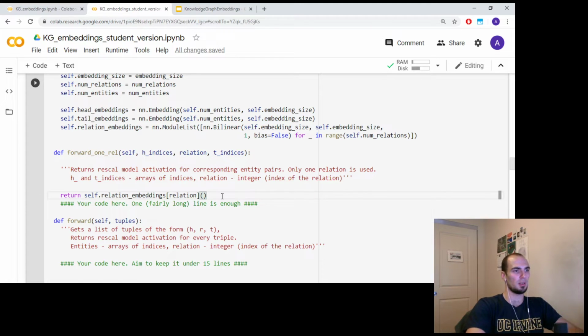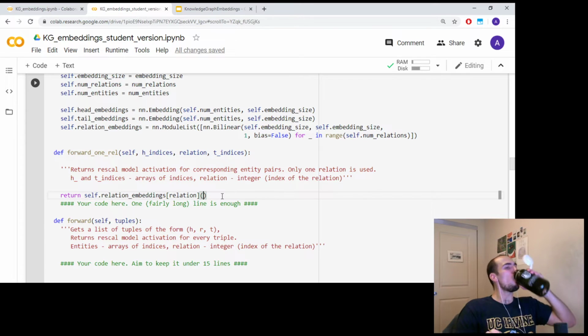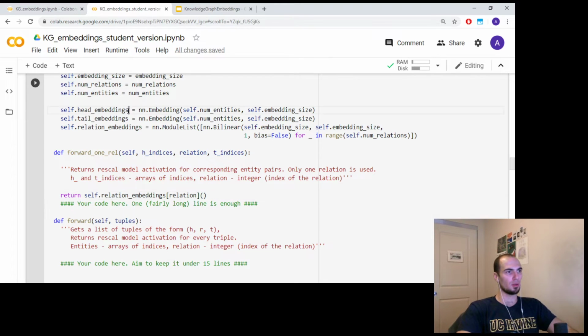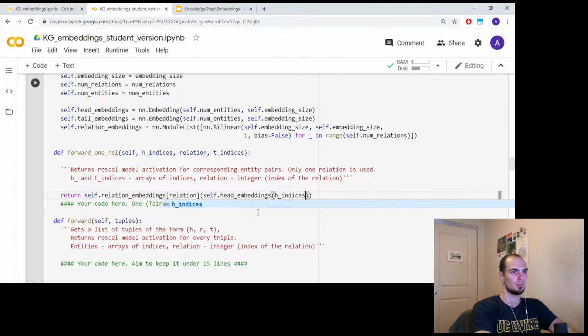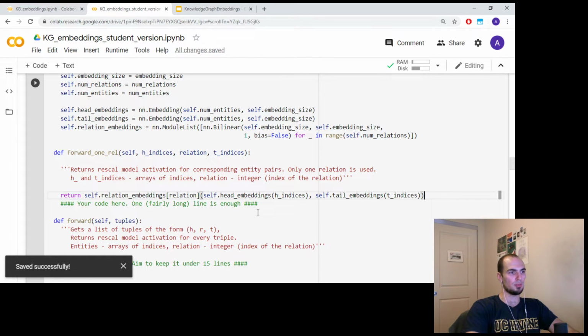Now we need to find the activation of this bilinear layer by feeding in the head and tail embeddings of the words that we're interested in. This is also easy to do because head embeddings we're going to get by activating our head embedding layer by providing the H indices. And we also need to provide the tail indices in a similar fashion. That should be enough.